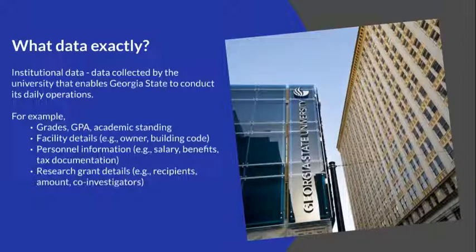With the growing focus on data, data governance's oversight may expand over time to include other types of data other than institutional data. Still, all data should be handled ethically and securely, where some data require extra protection, which we'll learn about in a moment.